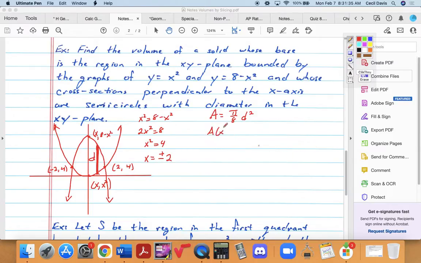So the area in terms of x is going to be pi over 8 times, well, what is the diameter in terms of x? Exactly, 8 minus x squared, which is pi over 8 times 8 minus 2x squared.